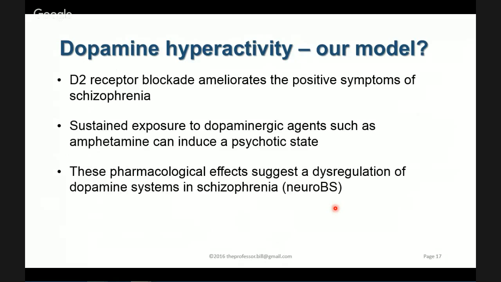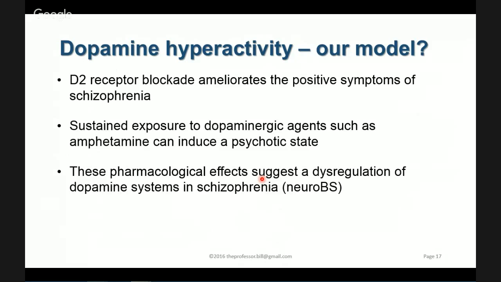We know again that if you are exposed to amphetamine, whether you're a chronic user or one of those unlucky individuals that responds to one single shot of amphetamine and you induce a psychotic state, it's also probably a dopaminergic effect. And we know that there are lots of pharmacological effects suggesting dopamine might be involved in schizophrenia.